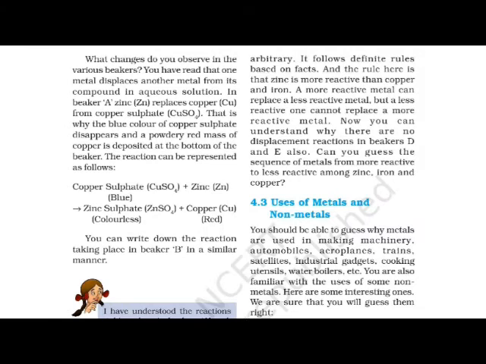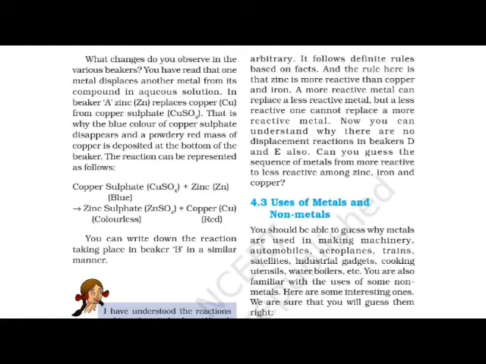But why? When zinc can replace copper in beaker A, why cannot copper replace zinc in beaker C? Remember that science is not arbitrary. It follows definite rules based on facts. And the rule here is that zinc is more reactive than copper and iron.